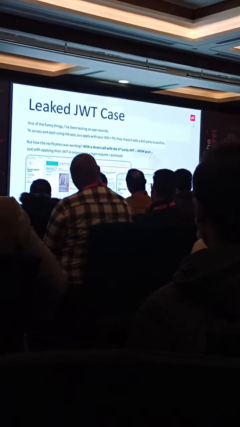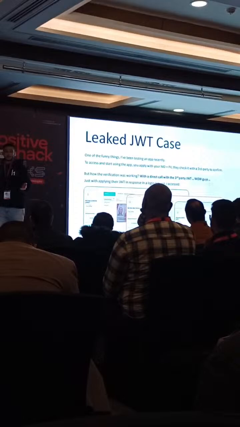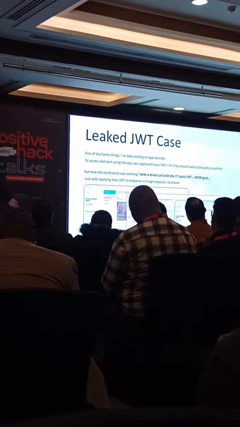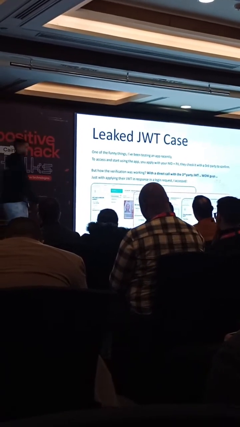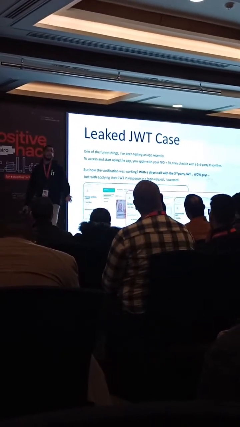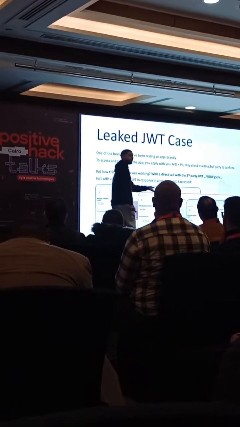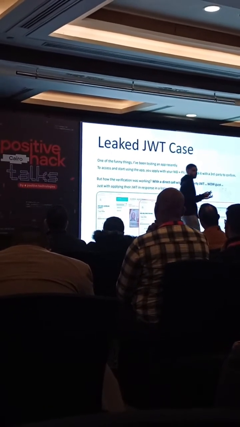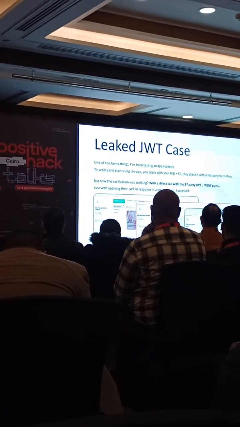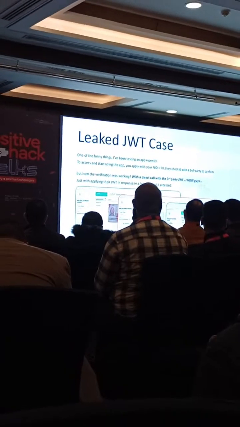Okay. And as I said, the JavaScript file may contain a lot of things. Like I found a JWT recently in one of the programs. I just opened a random JavaScript file, and I found the JWT. I found out that before you go into the application, you have to do a verification, like an identity verification, something like that. So what about using this?